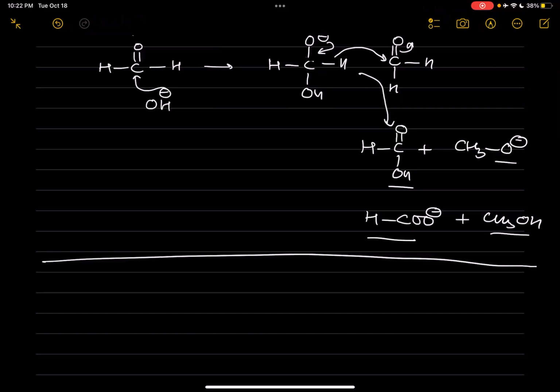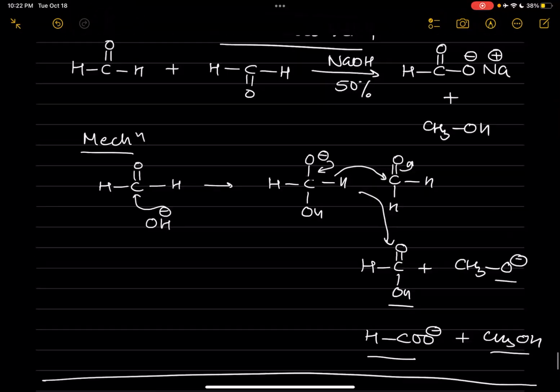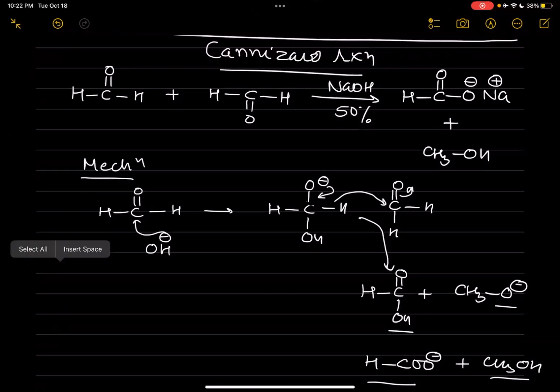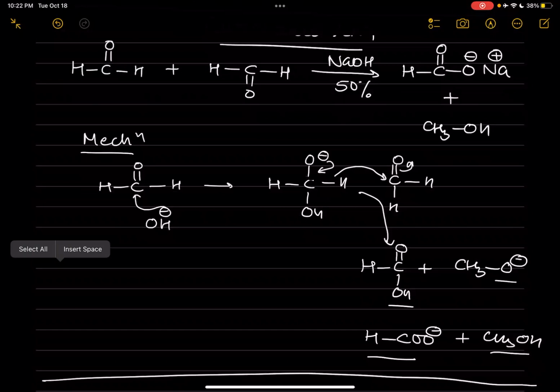Sir, can you just show the reaction? This step is RDS, hydride transfer, the slowest step, most difficult.